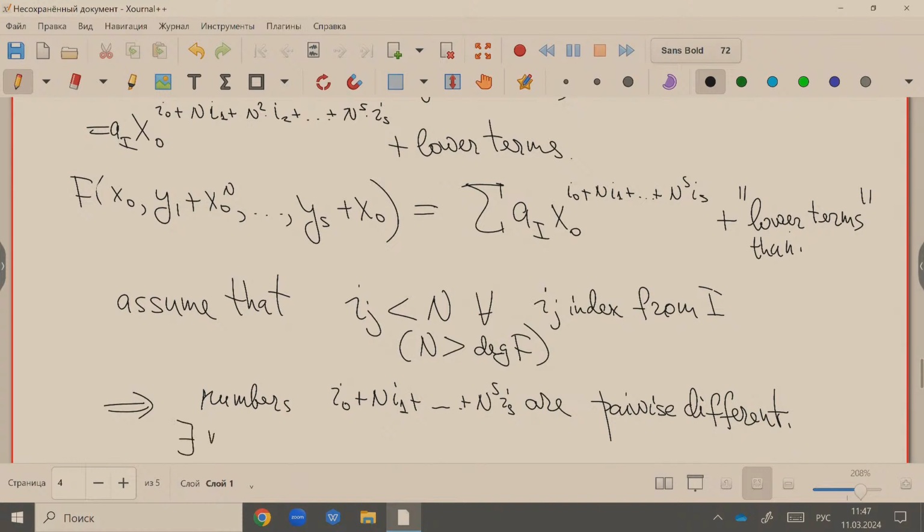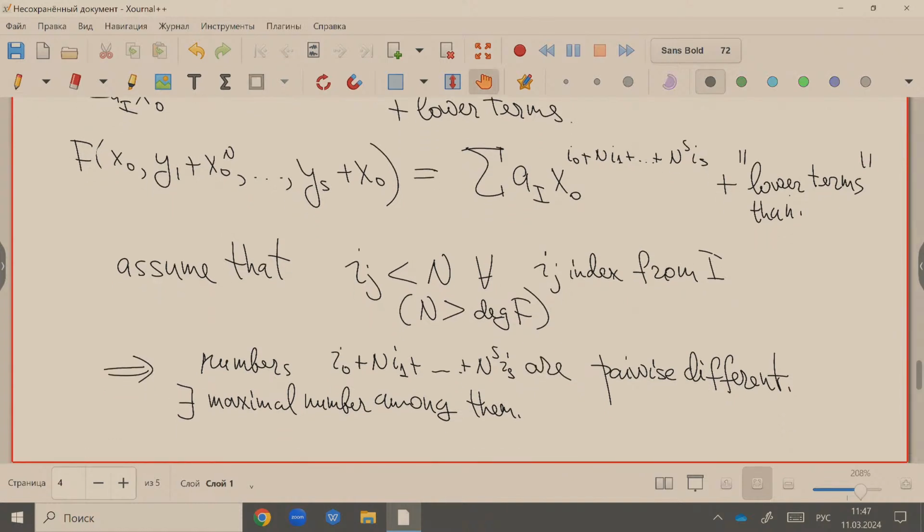And that will be the maximal term in terms of monomials, because each monomial gives you different highest coefficients.